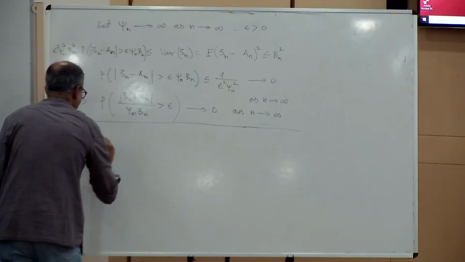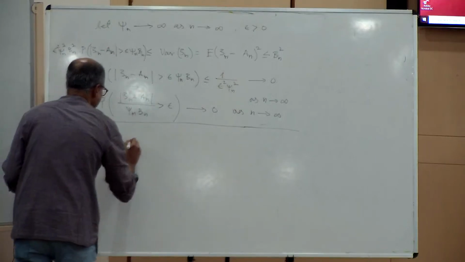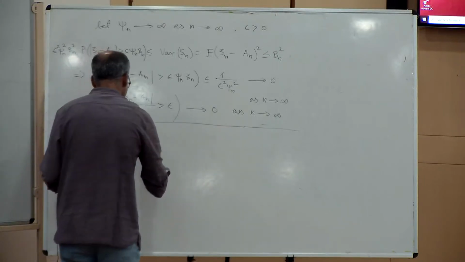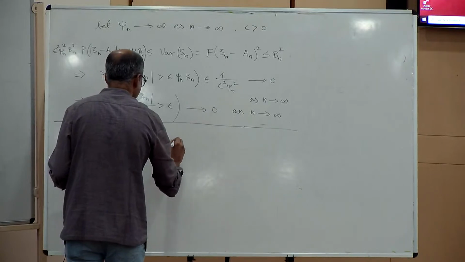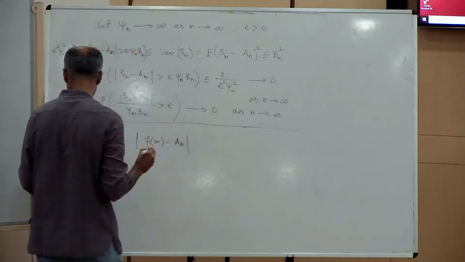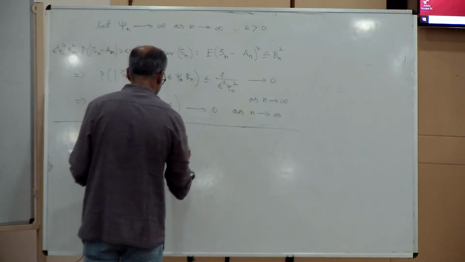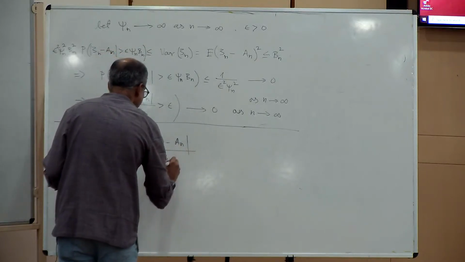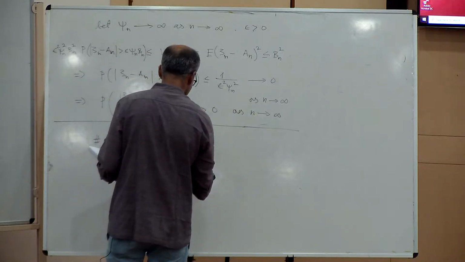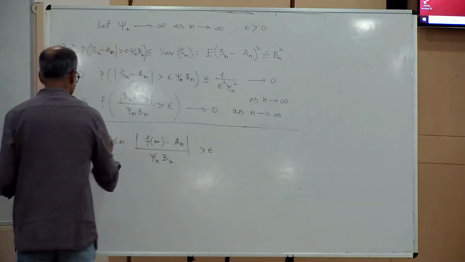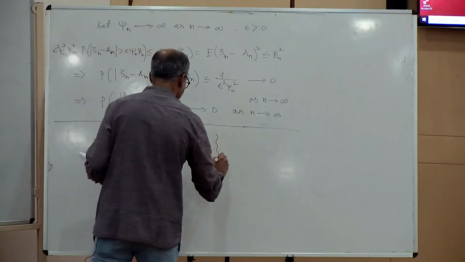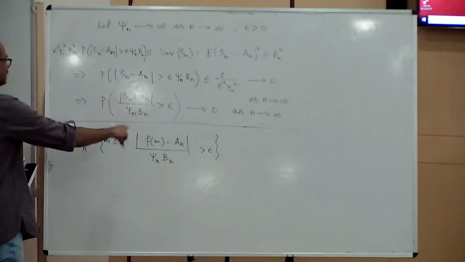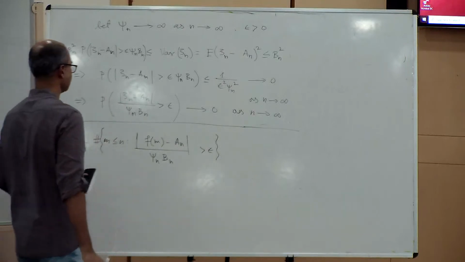So this is the number of integers m up to n such that the absolute value of f of m minus a n, by psi n b n, is greater than epsilon, times 1 over n, because 1 over n is the probability for everything.